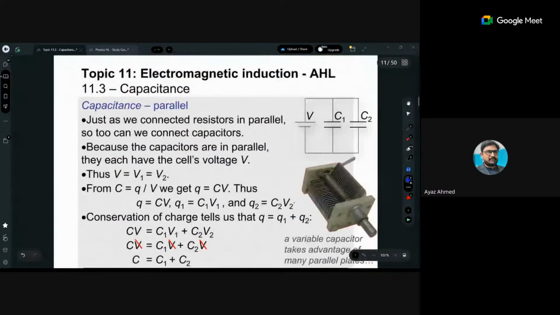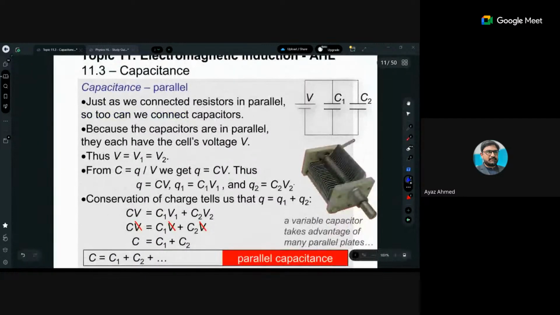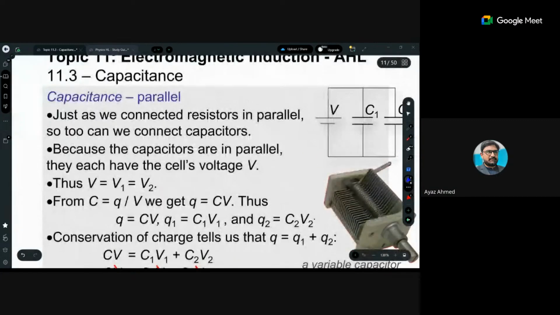Now we have the concept of capacitors in parallel. When we have capacitors in parallel, all the capacitors are connected with each other in such a way that the identical plates of the capacitors are connected together. Here is the battery. Sometimes we have a problem because the battery and capacitors have similar symbols, but a capacitor has equal length bars, and a battery has a smaller and a larger one.